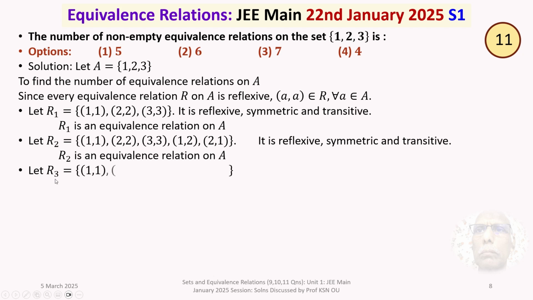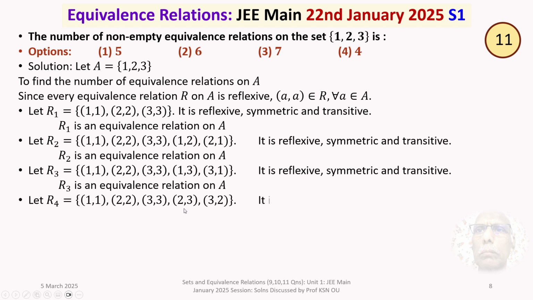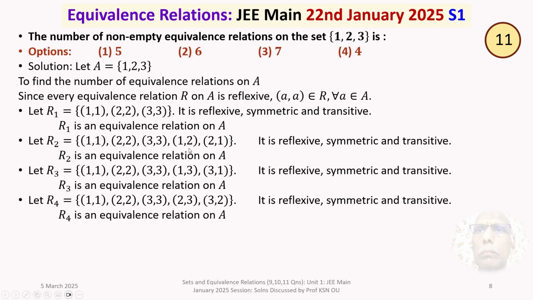So let R3 be all those reflexive elements plus (1, 3), (3, 1). It's also reflexive, symmetric and transitive. In a similar fashion, next one (2, 3) and (3, 2) is also to be added. So R3 is an equivalence relation. R4, in the case of R4, (2, 3), (3, 2), and R4 is also an equivalence relation. That's all. So adjoining one element and its symmetric element results in equivalence relations like this.